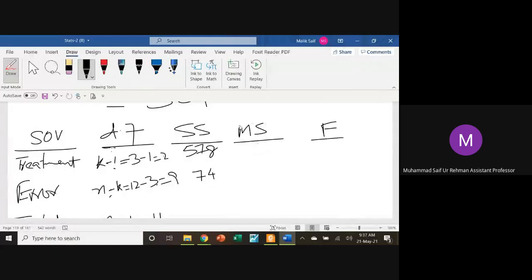Mean square. For mean square, you have to divide this value with its degree of freedom. So 578 divided by 2 will give you mean square values. See what is the value? 289.